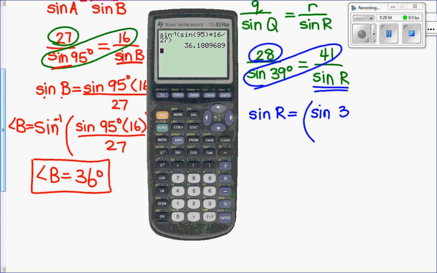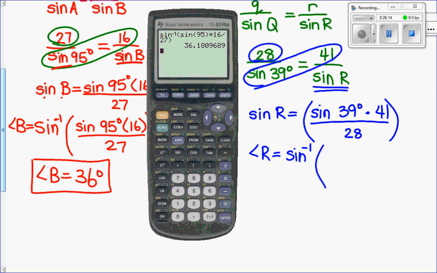So sine R equals sine 39 degrees times 41, all divided by 28. That gives you sine of R. So in order to figure out angle R, you're going to do the inverse sine of that whole thing: sine 39 degrees times 41, all divided by 28.